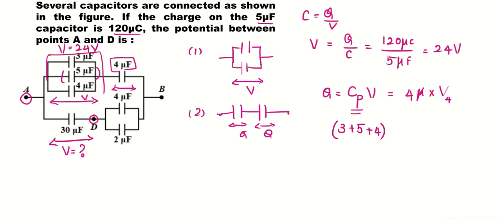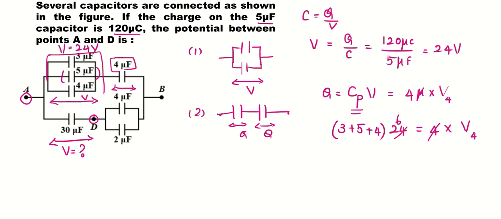So here the voltage across them we have already found out, it is 24, which is equal to 4 times the voltage across the 4 microfarad capacitor. So let's solve this.